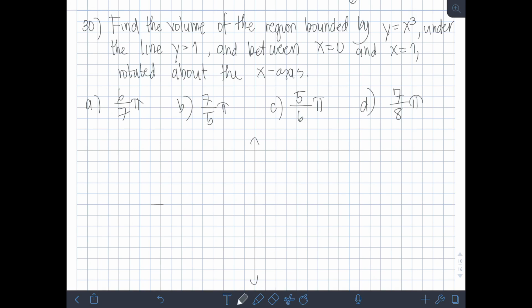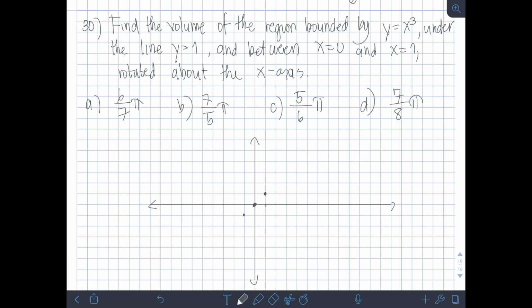Okay? So let's start with y equals x cubed. When x is equal to 0, y is also equal to 0, so that's the origin. When x is equal to 1, y is equal to 1 cubed, or still 1. So that's a point. As well as when x is equal to negative 1, y is also negative 1. Then when x is equal to 2, we have 2 cubed as y, which is 8.